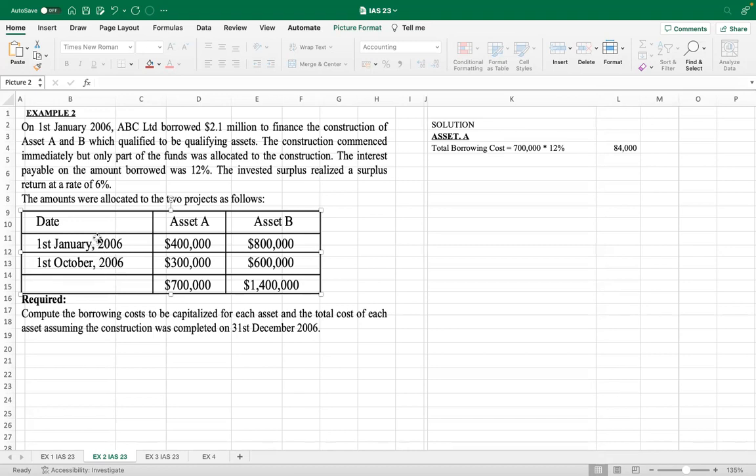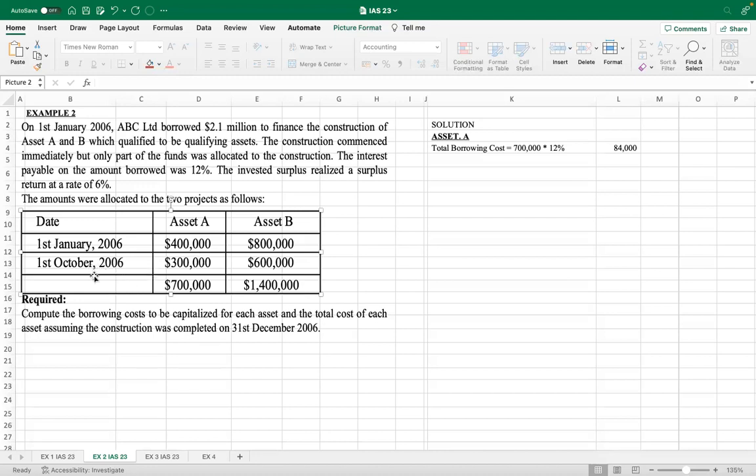Now, what does that mean? Between 1st January and 1st October, there is an amount that was not used. The amount that was not used was 300,000. Instead of leaving this amount idle in the bank, you need to invest these 300,000 until the day you will use it.